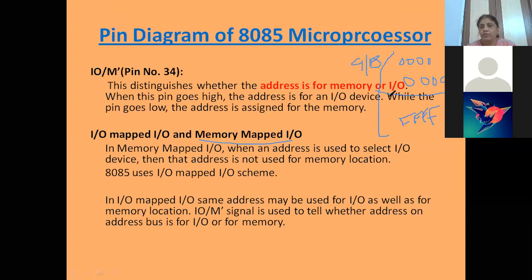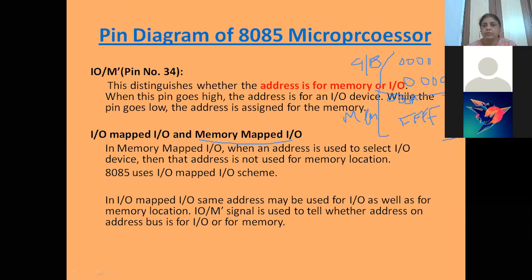Okay, and from 000A, from this to last location I have given to memory. Clear? So in this scheme, or in the earlier microprocessor, the scheme was we have separate addresses for input output devices and separate addresses for memory. We don't have same addresses for input.